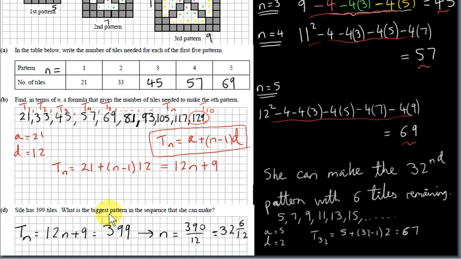Now I'm not sure if we have to actually do that for this question, but if you want to see what it is, we just see that the sides follow an arithmetic sequence with a equals 5, d equals 2, and we want the 32nd one. So we just use the formula a plus n minus 1 times d with n equals 32. So our pattern would be a square of side 67, 67 by 67.